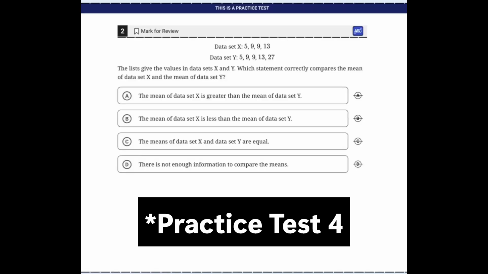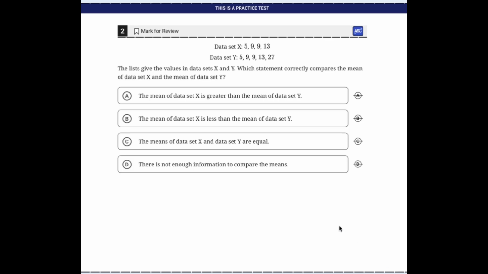So this is an example of a mean problem. In this question, it says the lists give the values in data sets X and Y. Which statement correctly compares the mean of data set X and the mean of data set Y?